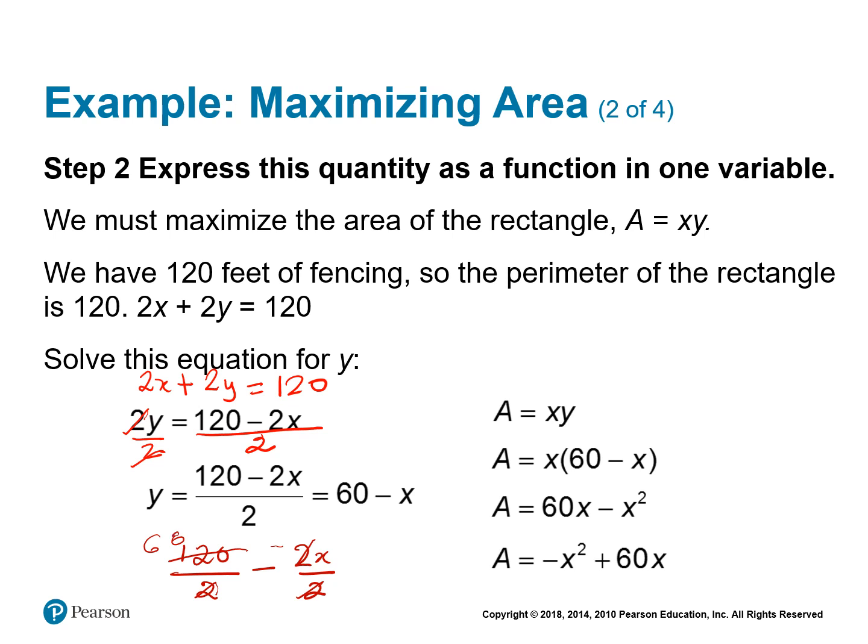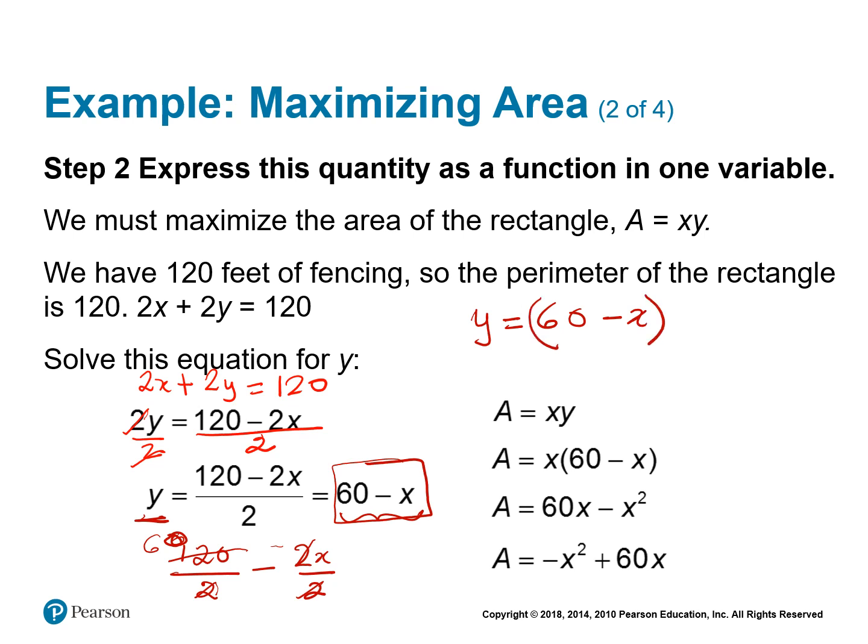So 60 minus x is what they got here. Now y is represented in terms of the x variable. The value of y is 60 minus x. So let's write that down here: y equals 60 minus x.